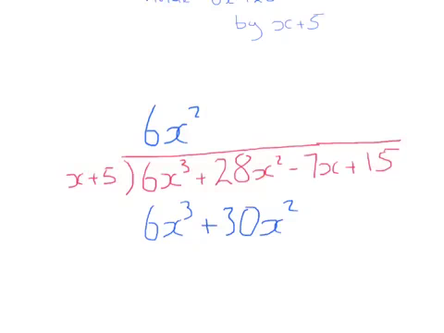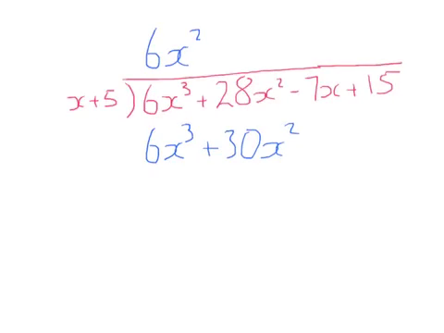Now I'm going to perform a subtraction to see what I'm left with, how many x squareds and how many x cubeds. Hopefully I'm not left with any x cubed if my original division was correct. If I draw a line under this, 6x cubed minus 6x cubed becomes 0, so I don't need to write anything below.